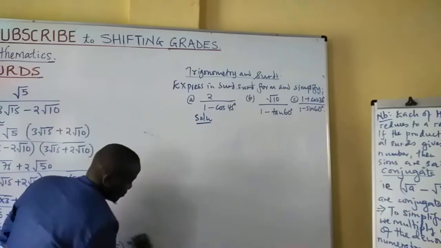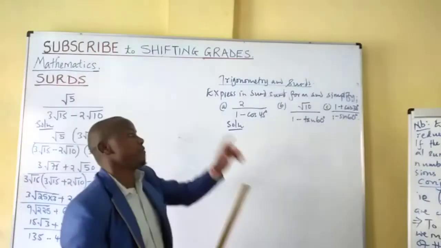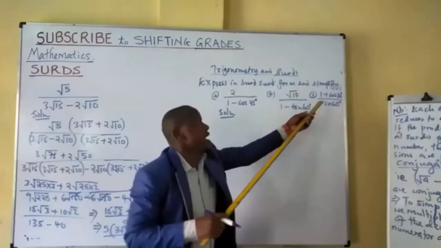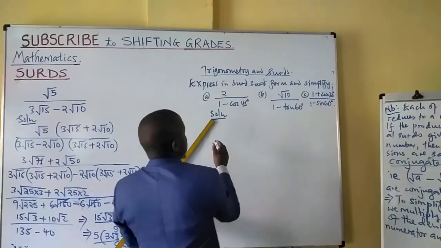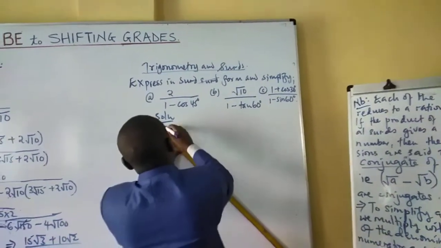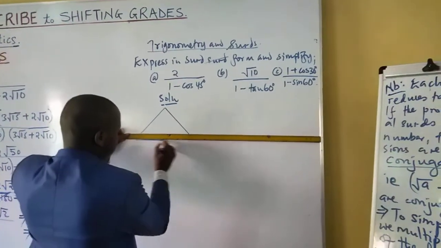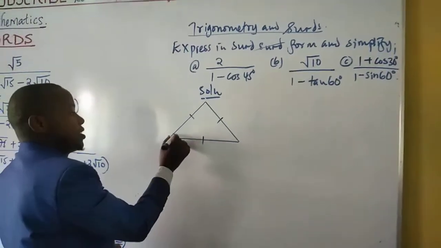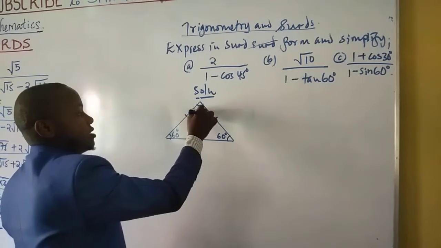In this case, we should know that from the math table and from the calculator, we cannot have these trigonometry ratios expressed as SURDS. And therefore, what we do, we take an equilateral triangle like this, which is a unit triangle, which is equilateral, meaning each angle is 60 degrees, 60 degrees and 60 degrees.